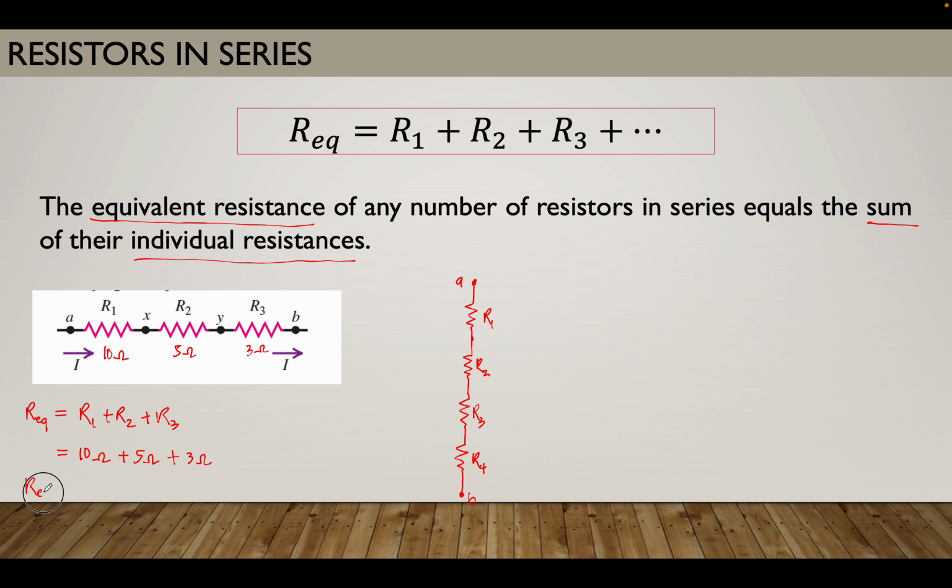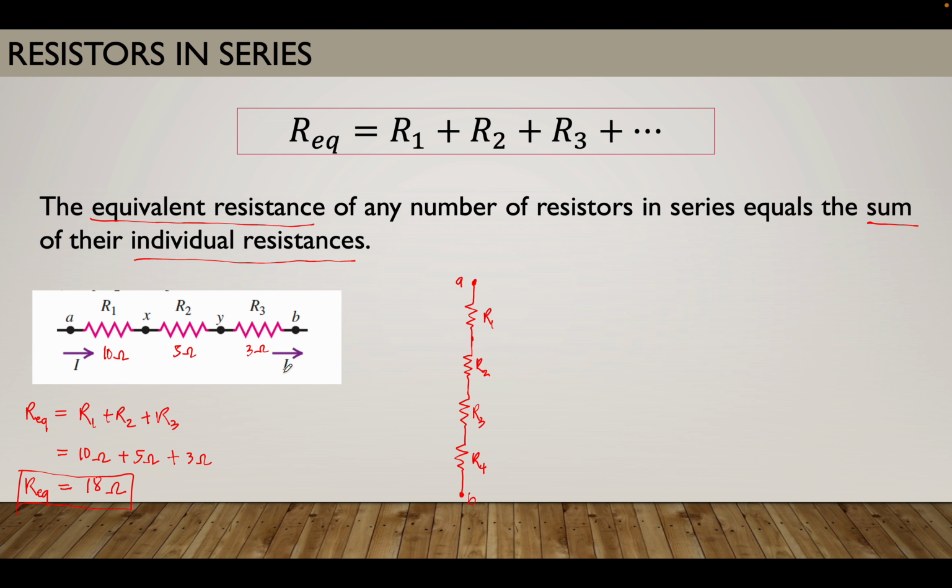So we have 10 plus 5 plus 3, which is equal to 18 ohms. So the equivalent resistance of these three resistors will be equal to 18 ohms.